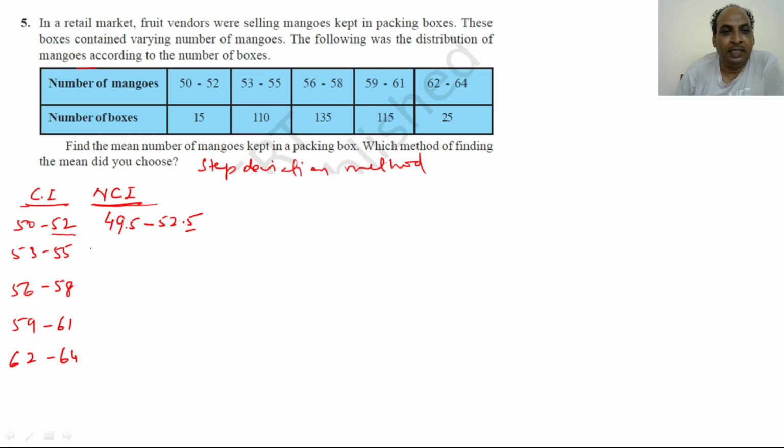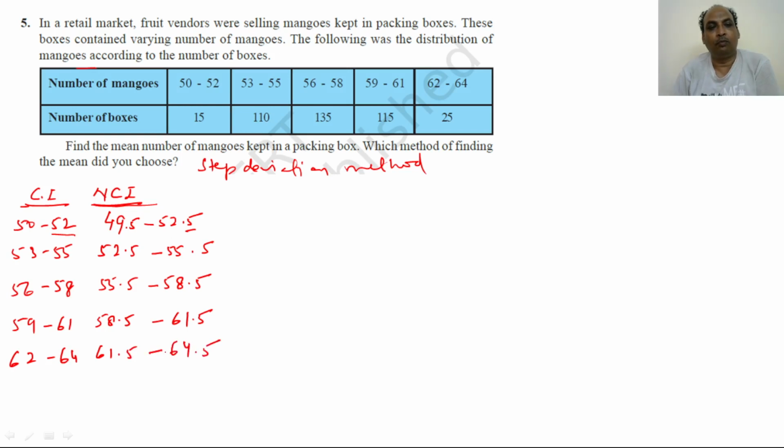Similarly, here we will write 52.5 to 55.5, then 55.5 to 58.5, 58.5 to 61.5, and 61.5 to 64.5. So this is the new class interval we are going to use now.